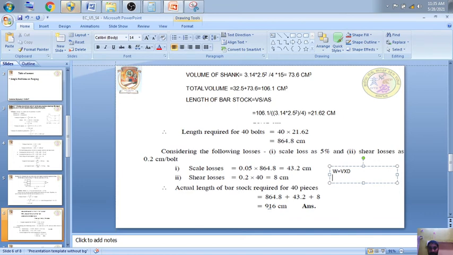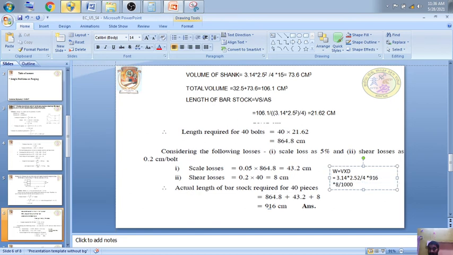Volume equals area into length. So area is pi, 3.14, into d, the diameter of the bar stock, 2.5 square, divided by 4, multiplied by the length, which we found as 916. Then multiplied by density, which we are assuming as 8, divided by 1000.